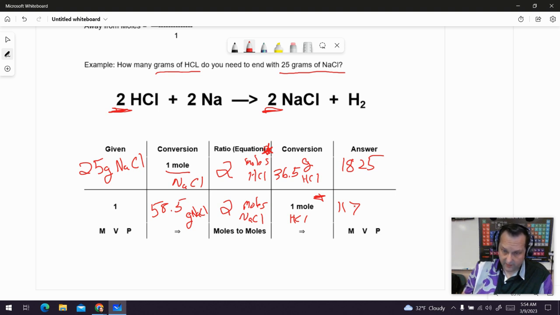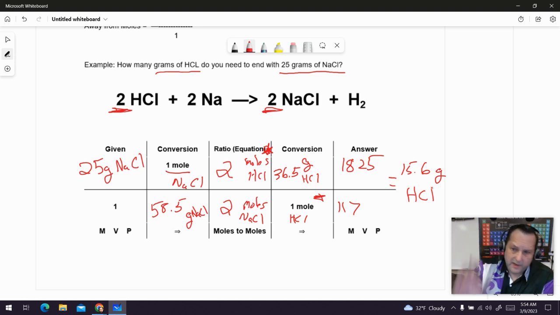So 1825 divided by 117 gives me about 15.6 grams of HCl. So in order for me to make 25 grams of salt, I'm going to need 15.6 grams of hydrochloric acid.